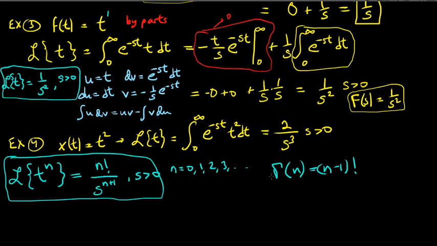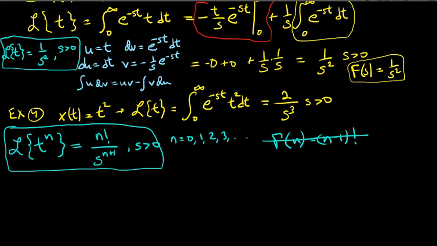So we're not going to get into that. For the most part, we're not going to need this, I don't think. It may come up in the homework, but I wouldn't worry too much about it. So we have basically t to any non-negative integer power.